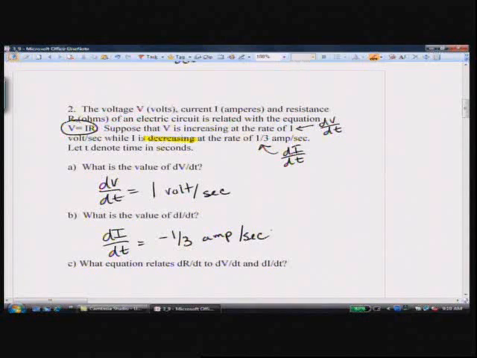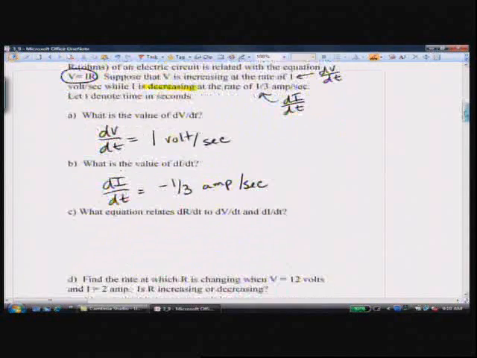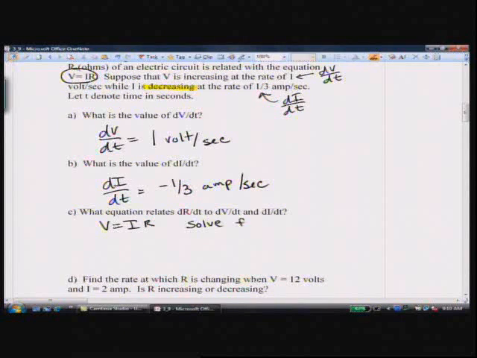All right, what equation relates dR dt to dV dt and dI dt? Well, let's go ahead and see. Start with V. V is equal to I times R. And let's solve this for R. If we solved it for R, we would have V divided by I is equal to R. Do y'all agree with that?